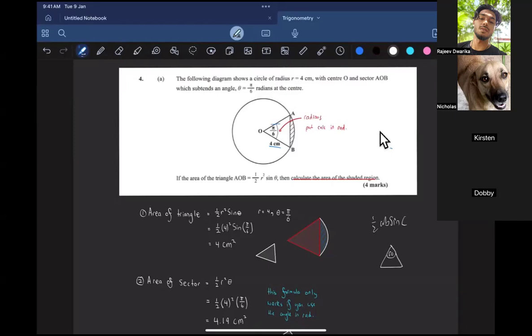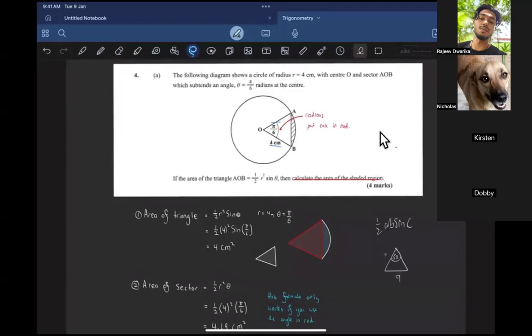Is this an included angle? 50, is it included? No. What about now?